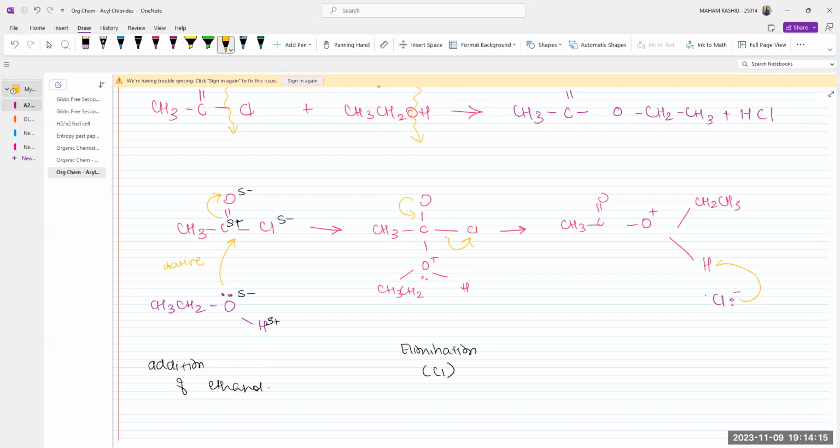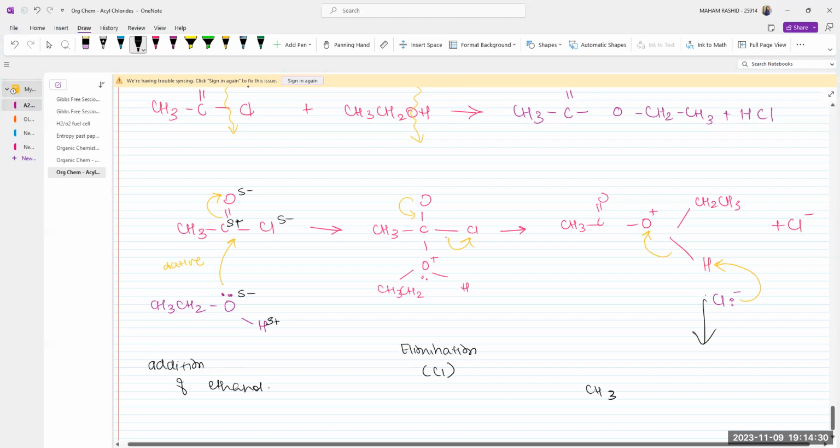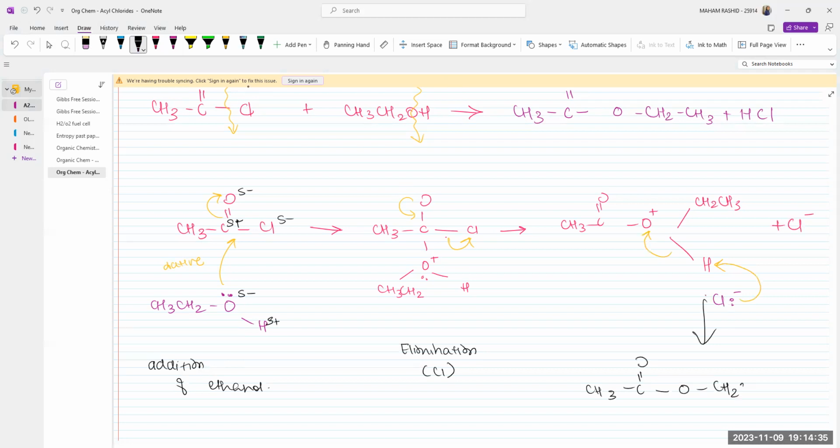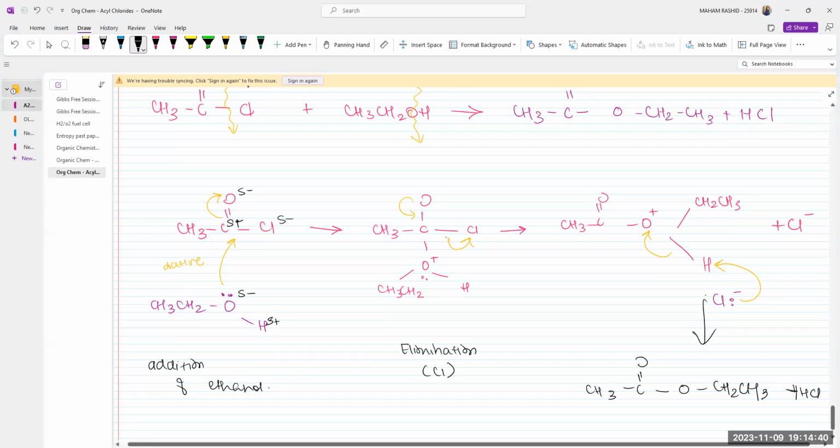It's going to form a dative bond with the hydrogen, and hydrogen will then break off, and you have the final product as CH3 C double bond O, CH2 CH3 and HCl. Okay, this is what you get as your final product. Okay, now this is your ester. Okay.